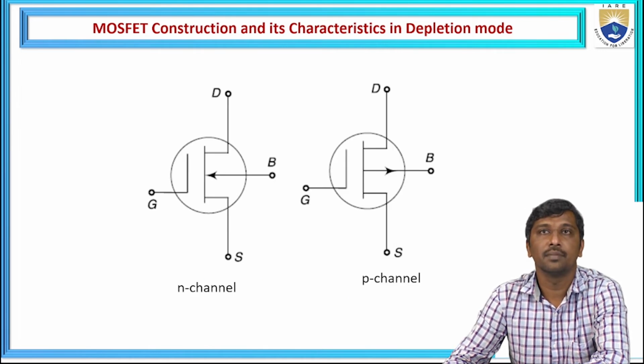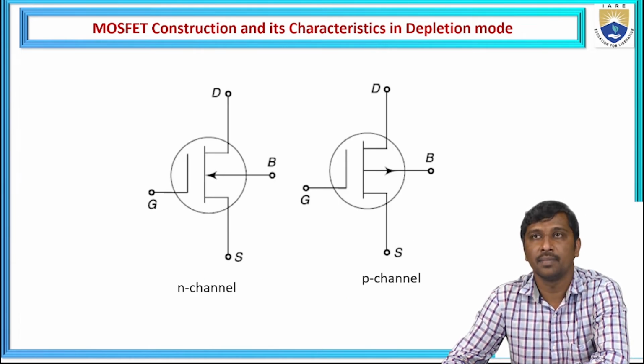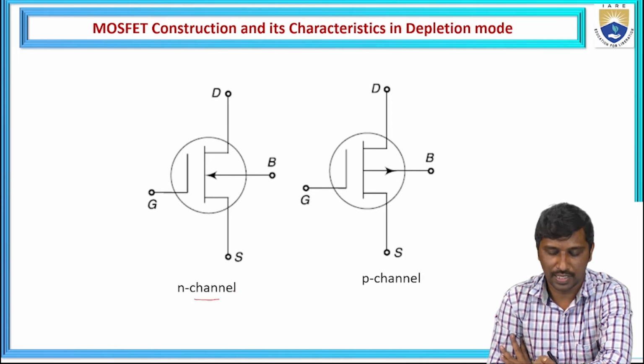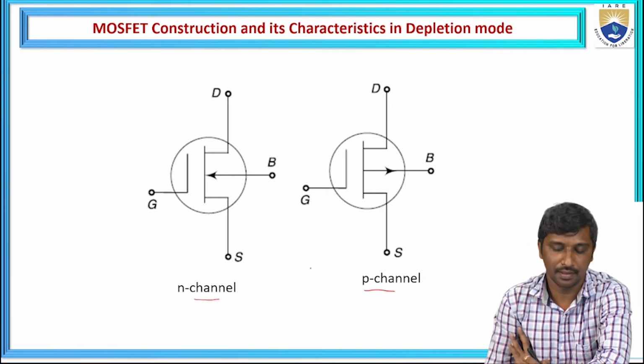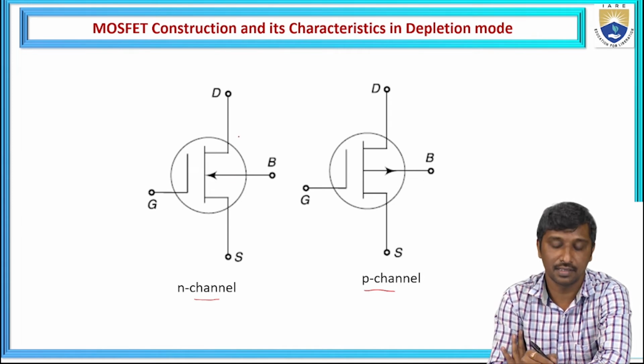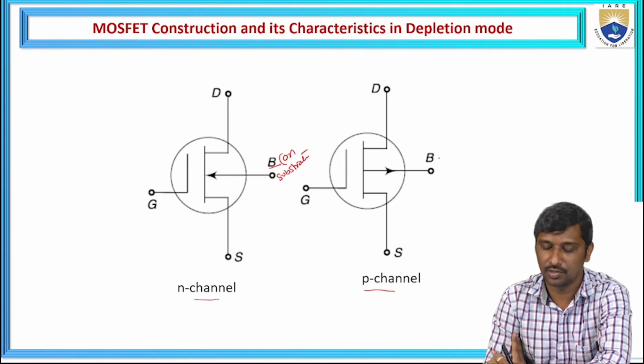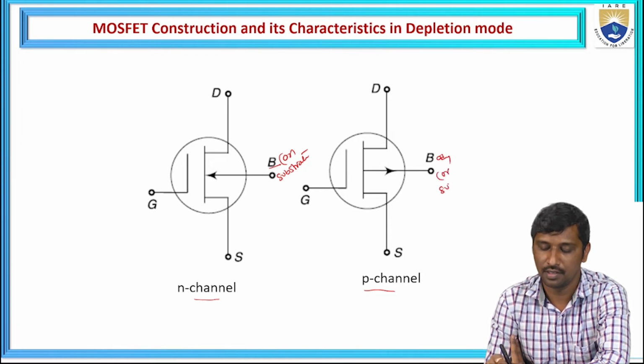So these are the symbolic representations of the MOSFET in depletion type. This is for N channel and this is for P channel. We know the three terminals: drain, source, and this is also called the body or substrate. Here B is the indication for body or substrate.